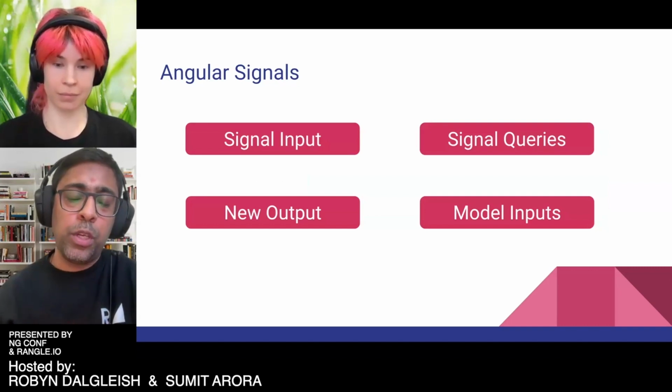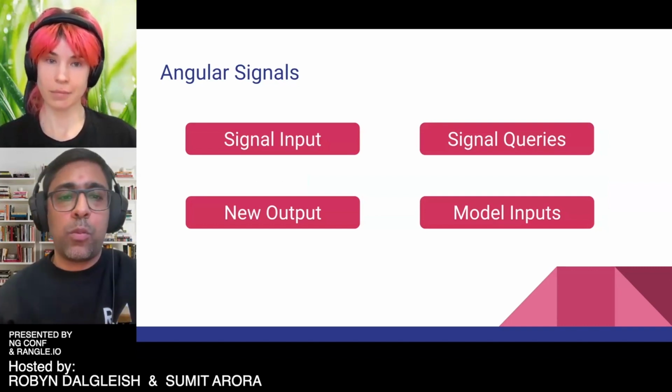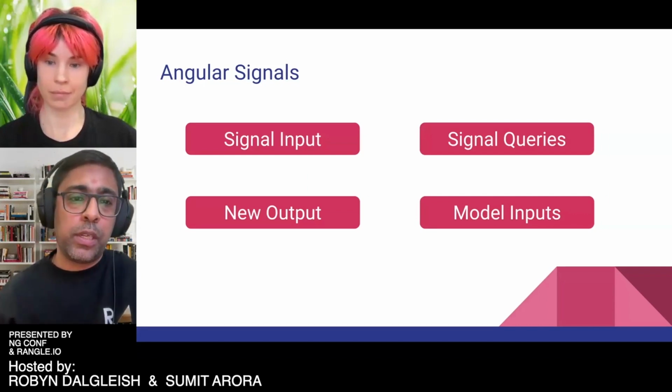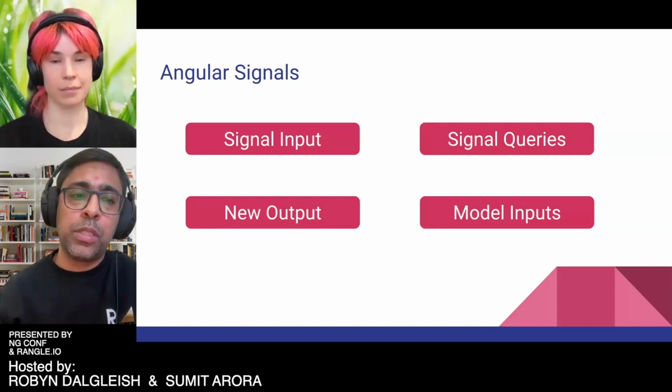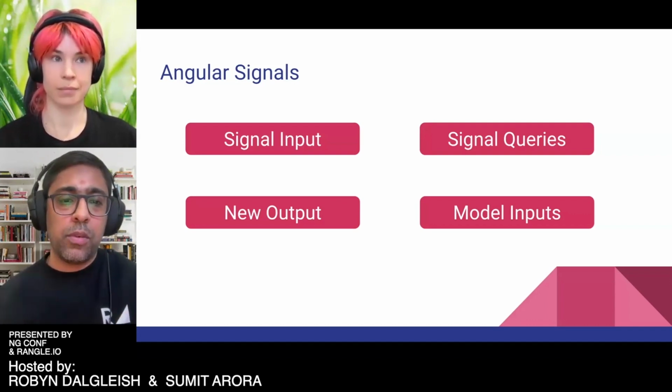Initially we would use the @Input decorator to get the values from one component within the other component. With this new signal input, you don't have to rely on that decorator. You can just create an input as a signal and use that to pass the values from one component to another component itself.